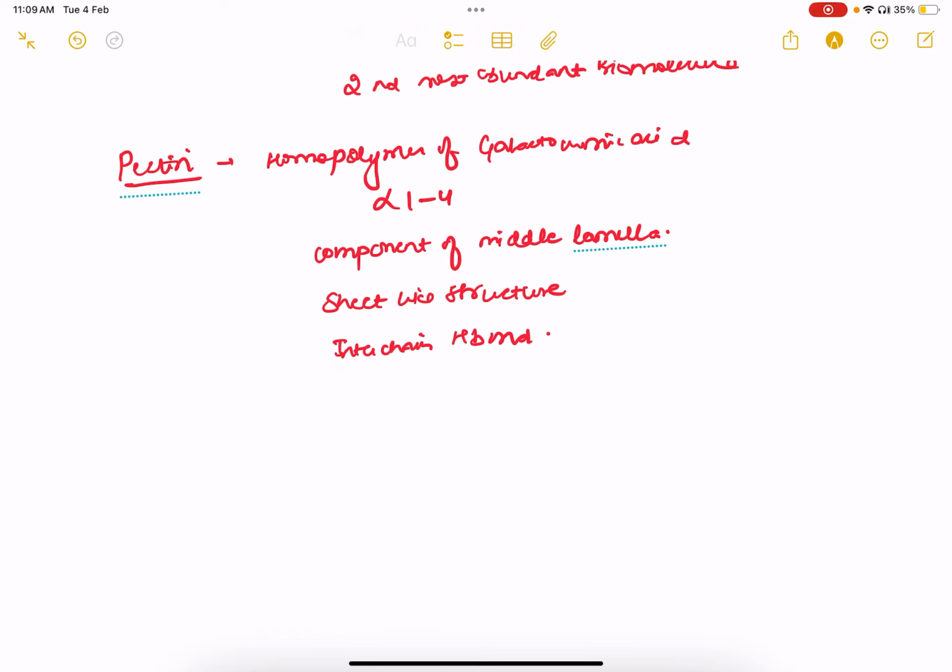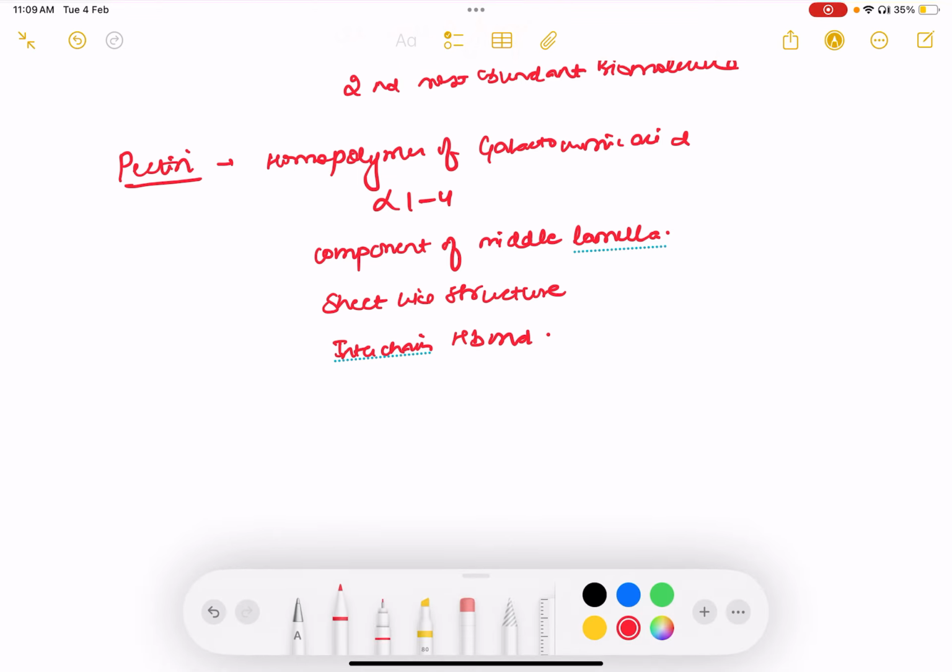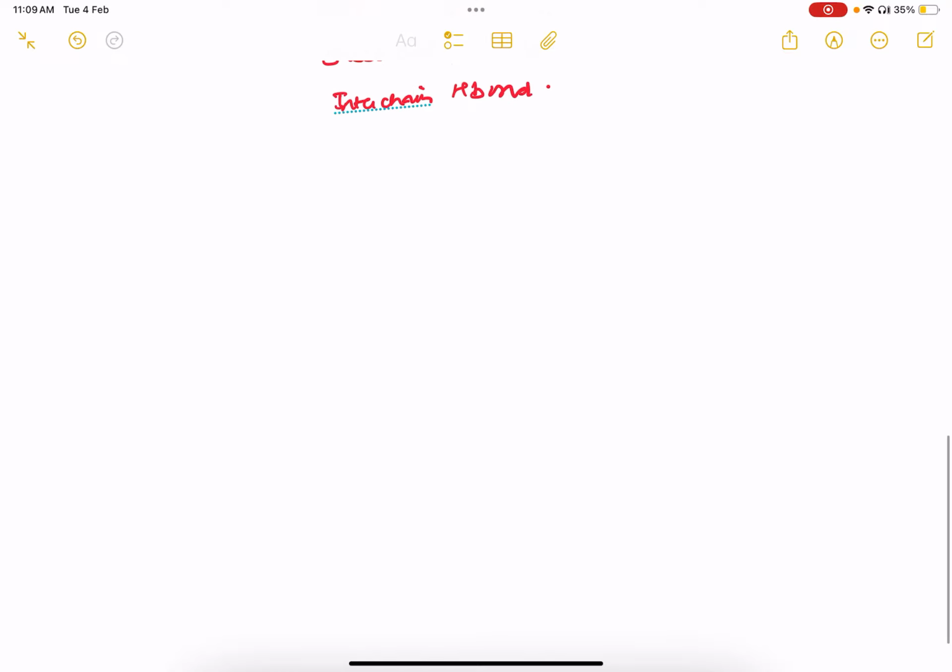So this was all about the homopolysaccharides. Now we will discuss some of the heteropolysaccharides. As I have told you earlier, heteropolysaccharides are made up of different sugar subunits.